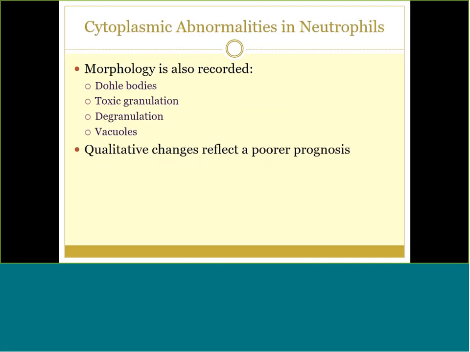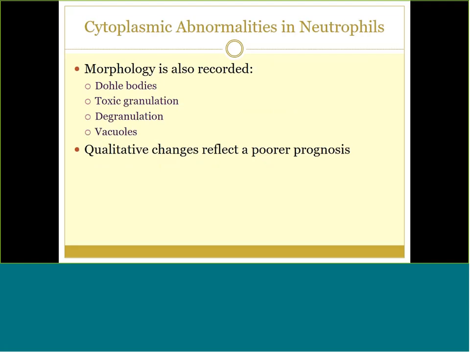All right, so abnormalities that can occur inside the neutrophil, the way that they look, the morphology. These are things that can occur and change in a neutrophil due to different conditions happening. So we can have what we call Dohle bodies, toxic granulation, vacuoles, or maybe it's undergranulated, what we call degranulation.